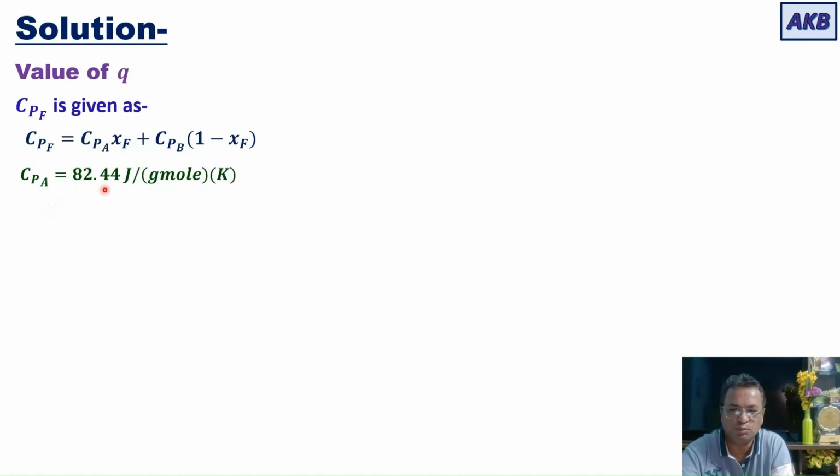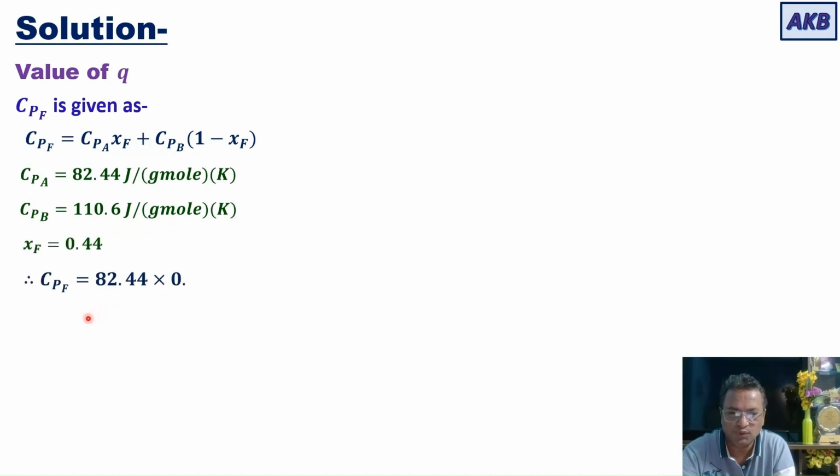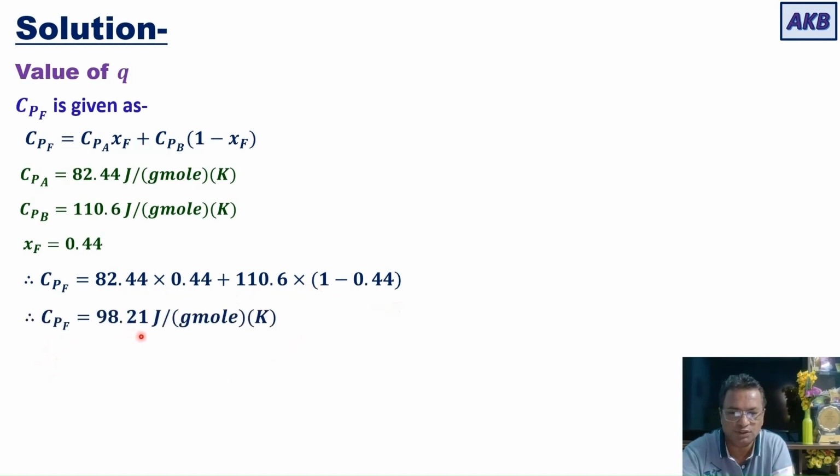CPA is 82.844 joule per gram mole per Kelvin. CPB is 110.6 joule per gram mole per Kelvin. XF is 0.44. So if you use these values, CPF would be 82.44 into 0.44 plus 110.6 into 1 minus 0.44. That gives us CPF as 98.2 joule per gram mole per Kelvin.